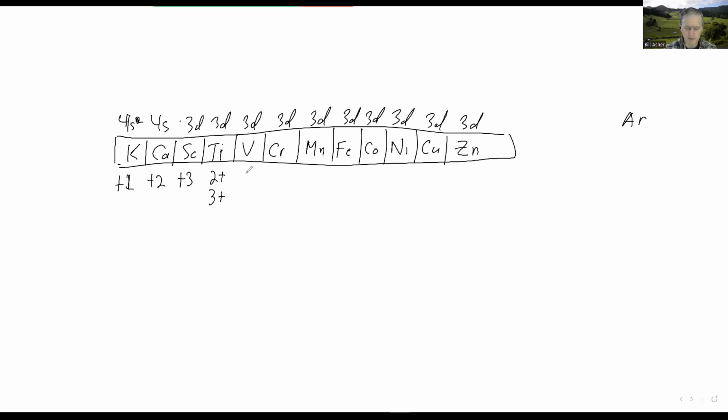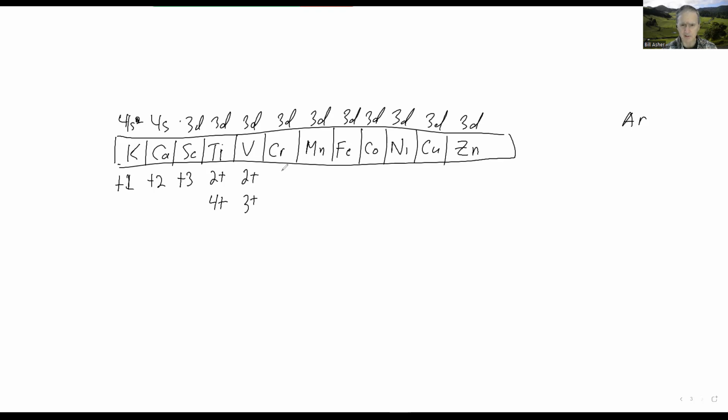Vanadium can be +2 and +3. Titanium is +2 or +4. Vanadium is 2 plus or 3 plus.